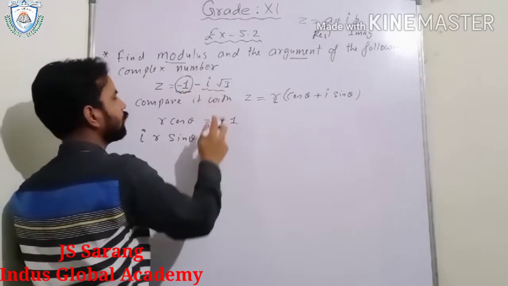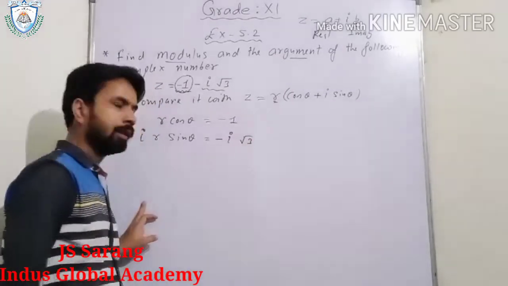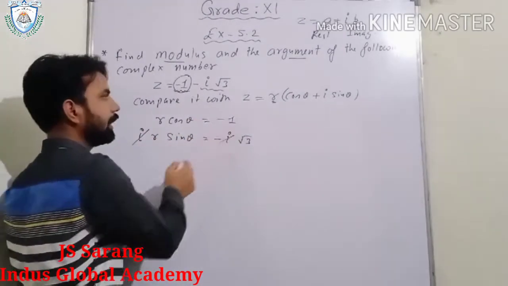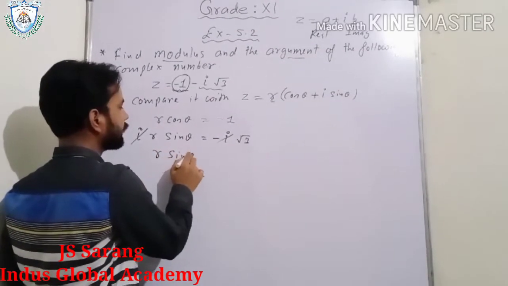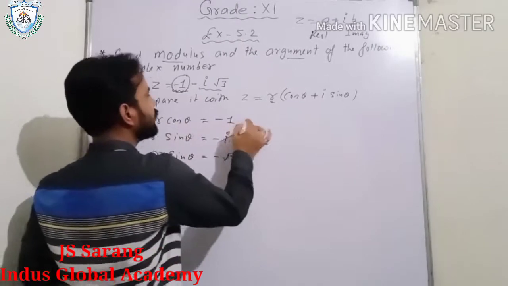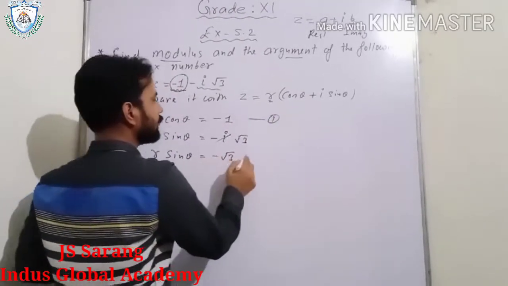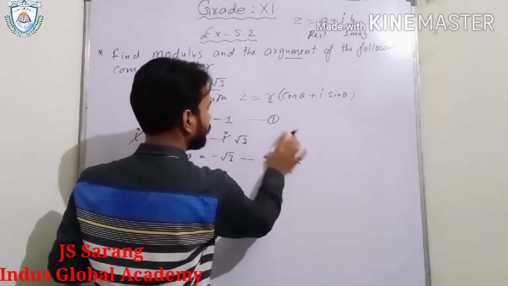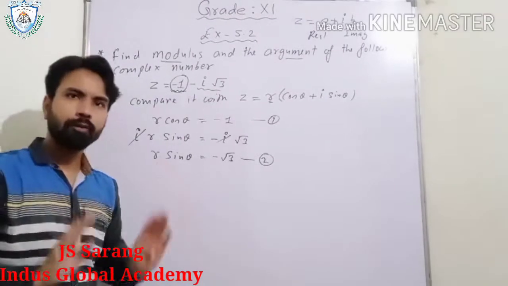Minus i under root 3. So this i and this i can be cancelled. So what is left? r sin theta equals minus under root 3. So r cos theta equals -1 is equation number 1, and r sin theta equals minus under root 3 is equation number 2. Hope it is clear. So what we have to do?